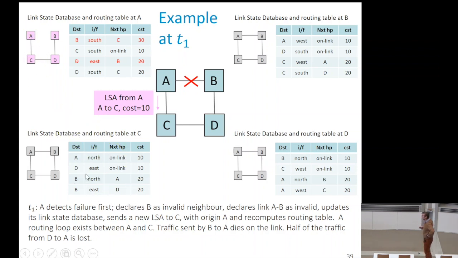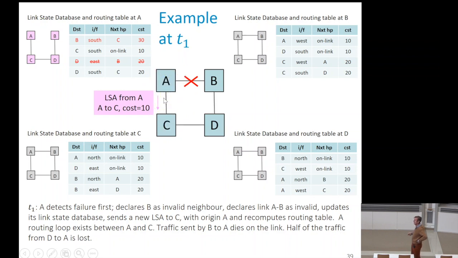But this has not yet reached C. So what can happen in between? Well, a routing loop. If C has a packet to send to B, for example, we see that C has two equal cost paths because it still has the old value. So C will send the packet with 50% probability, perhaps, to A. And this packet now will reach A, but A is in this state, so A will send it back to C, and C will send it back to A, etc. We have a routing loop.